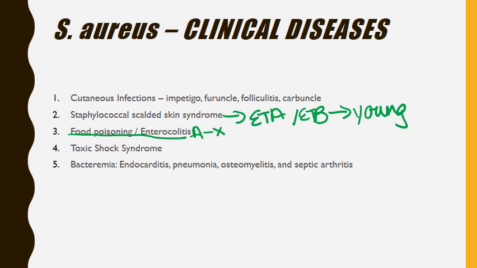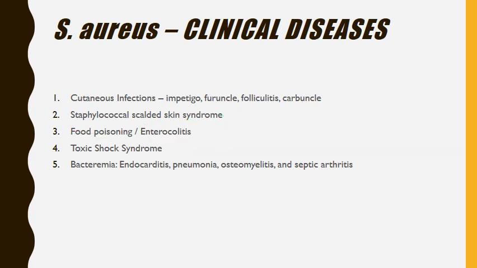Enterotoxin C and D are typically found in milk products, and enterotoxin B causes staphylococcal pseudomembranous enterocolitis. So that's actually the work of enterotoxin B, just if you're keeping track at home. These are heat stable, and they're resistant to hydrolysis by gastric and jejunal enzymes, which makes sense because they cause disease in the gastrointestinal tract.